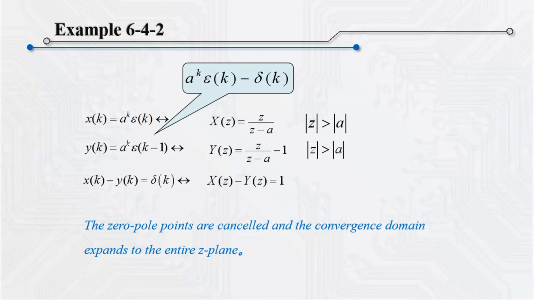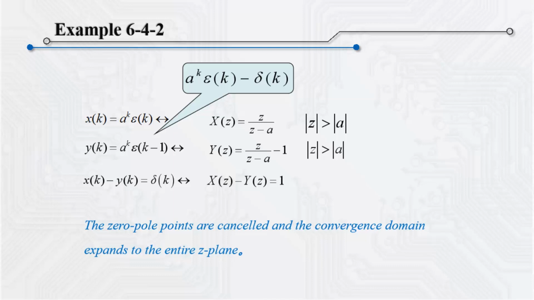According to the linear property combination, its Z-transform is the Z-transform of the causal sequence minus the Z-transform of delta of k minus 1. Then the condition of the convergence domain is that the modulus of Z is greater than the modulus of A.